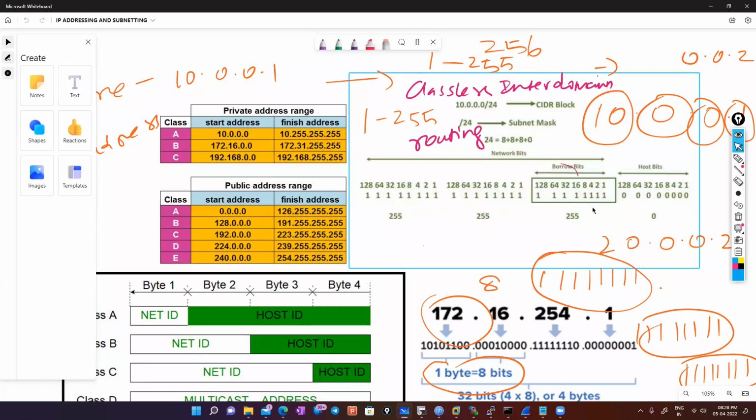The borrowed bits we will look at later, it will confuse us now, but for now we have to understand how this IP scheme works. 24 equals 8 plus 8 plus 8, and the last 8 bits are given for host. So it should be in the power of 2, 2 power 8 minus 2.